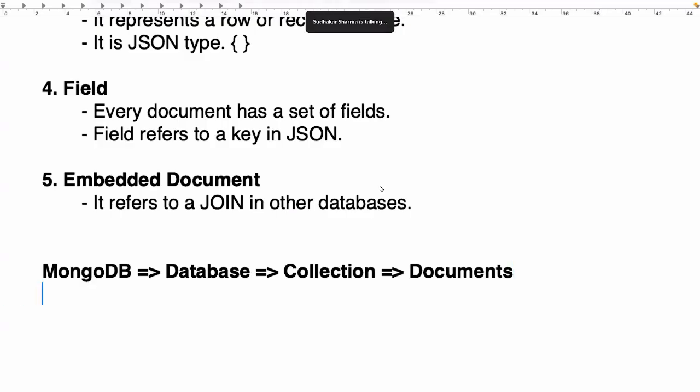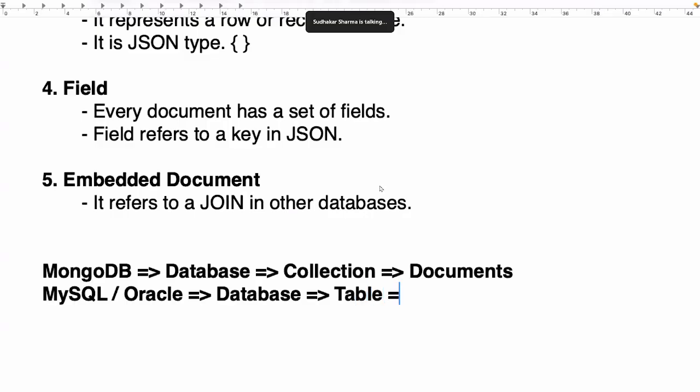In other databases like MySQL or Oracle, they have a database, they have a table, and in that they have records or rows. Here we have a database with collections and documents.